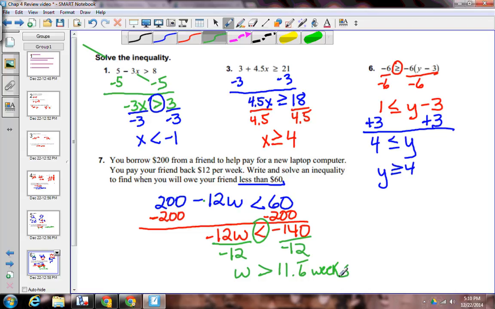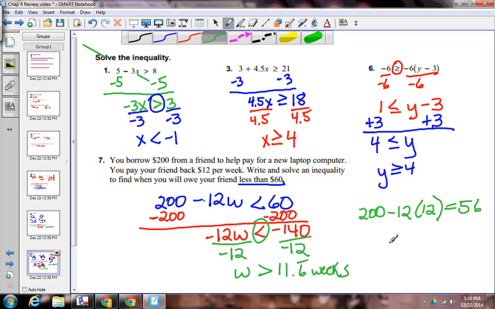So we could try them both out in the inequality. When I try 12 out and I do 200 minus 12 times 12, I end up getting 56, which would be the first amount that's less than $60.